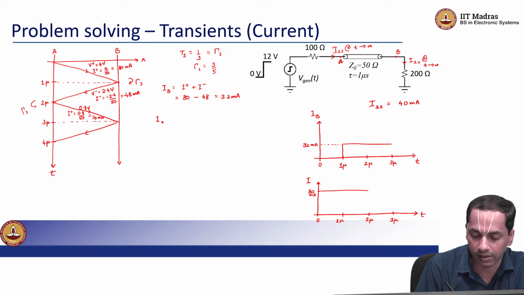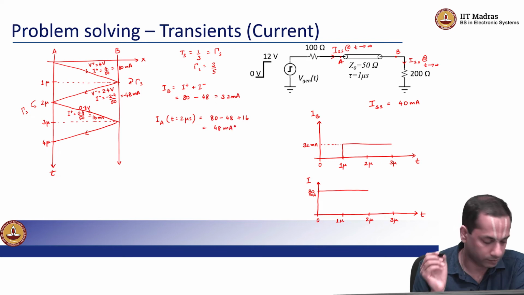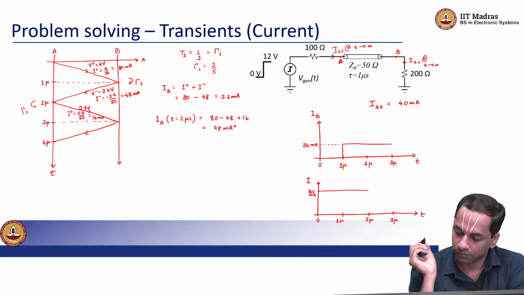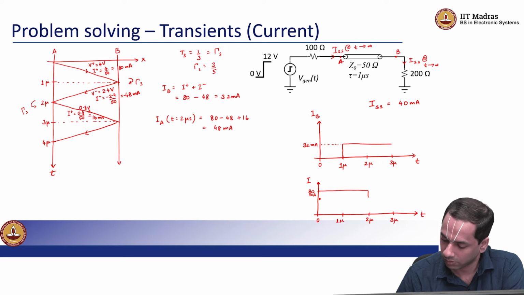So you had I at A at t equals 2 microseconds would be 80 minus 48 plus 16, right? So that would be 48 milliamps. So at 2 microseconds, I am stepping down to 48 milliamps.